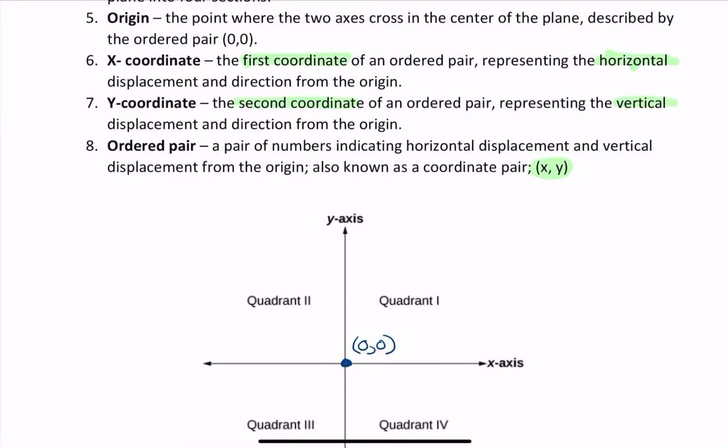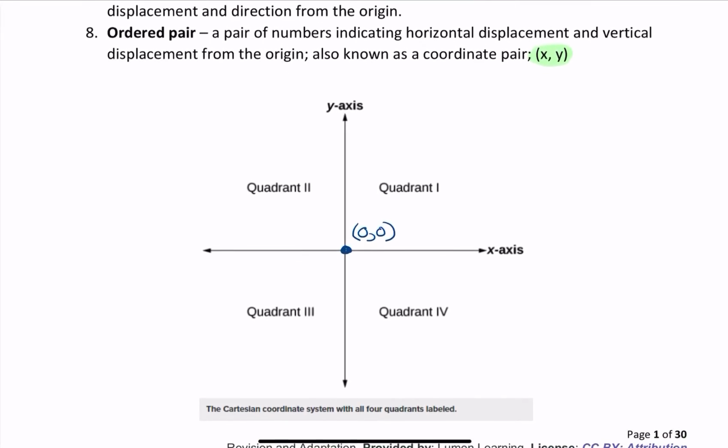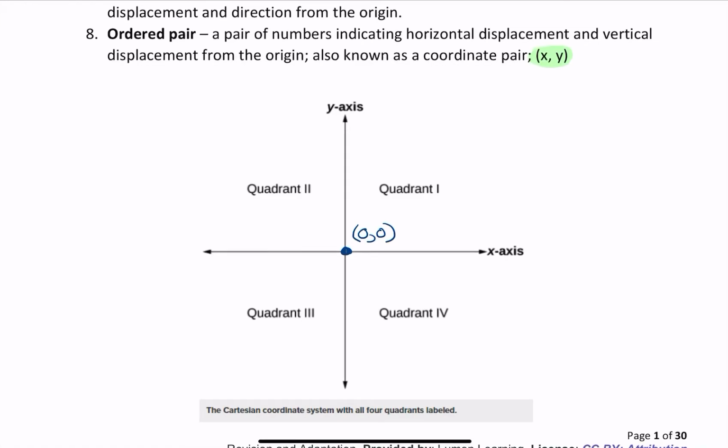So if you look at your coordinate plane in quadrant 1, any point in quadrant 1 is going to go to the right for your x coordinate, which would make it positive, and up, which would make the y coordinate positive. In quadrant 2, you would have had to go left first, which would make it negative, but then you would go up for your y coordinate.